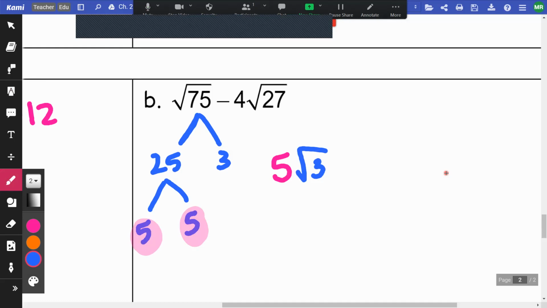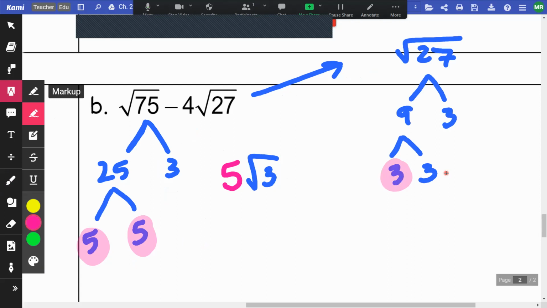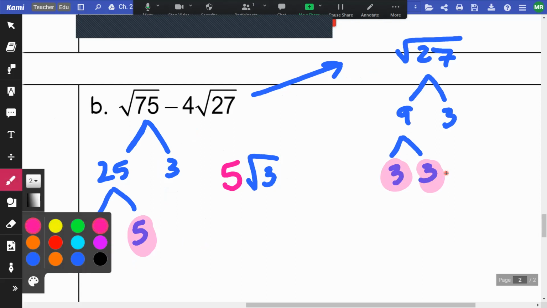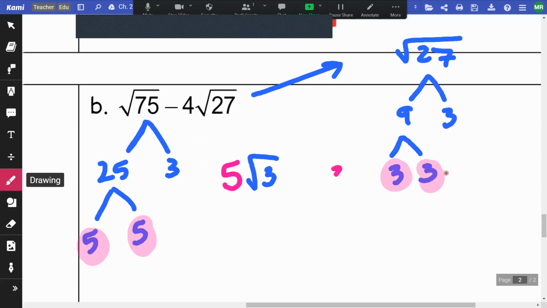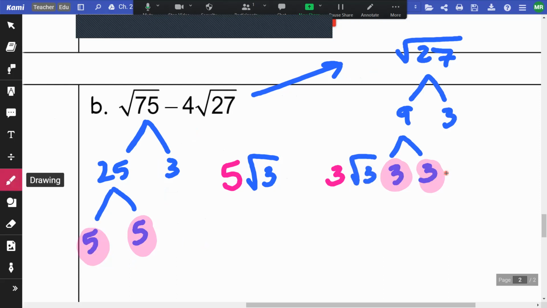When I'm dealing with my 27, the square root of 27, 27 is 9 times 3, which is 3 and 3. Here's a pair, so that's a square, so I'm going to get out a 3, and I still have root 3 underneath because of my other 3.